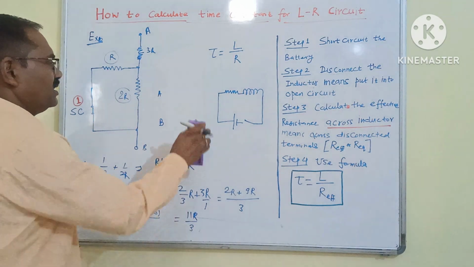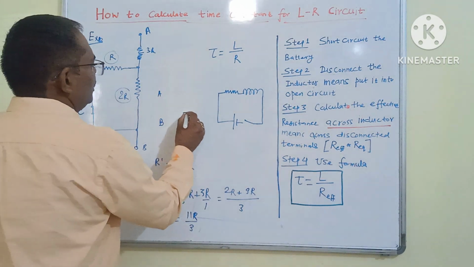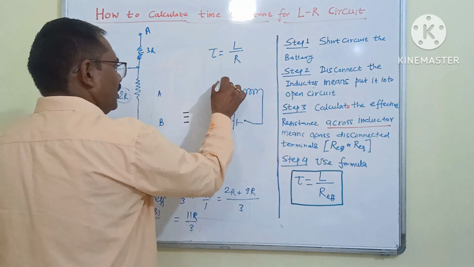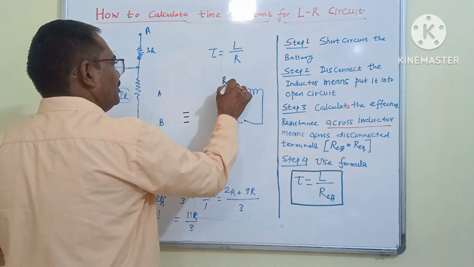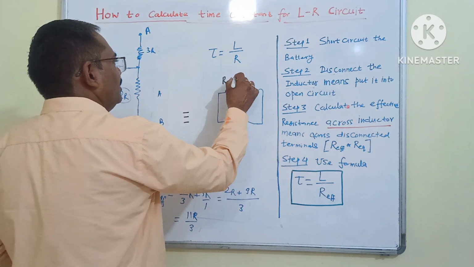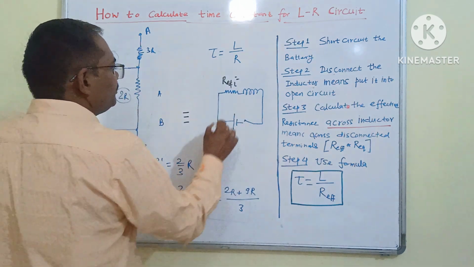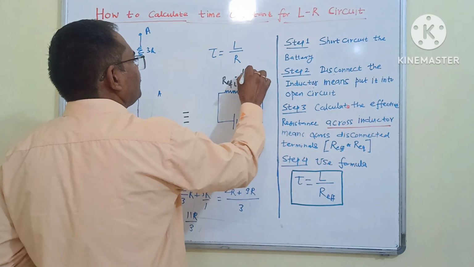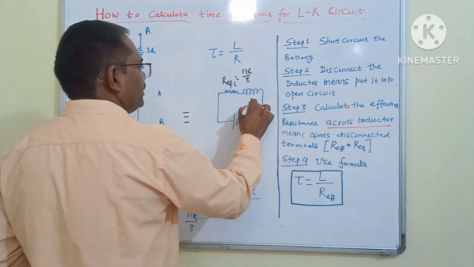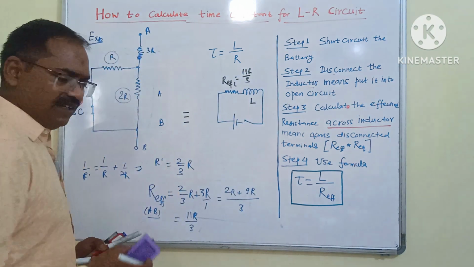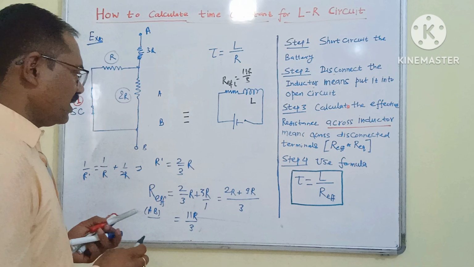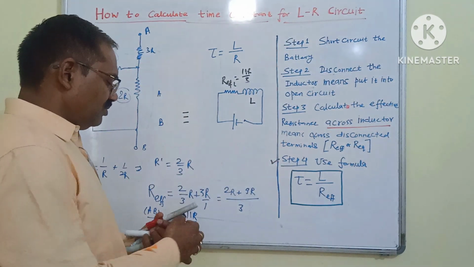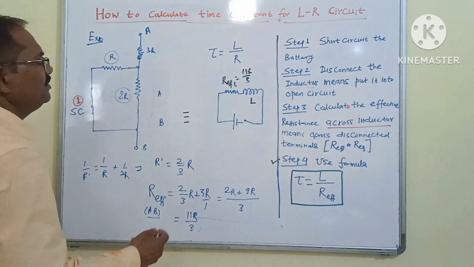This is the effective resistance, and this whole circuit will behave like a simple circuit having R effective here, that is 11R by 3, and this is L. In the next final step, step 4, you can write the time constant of the circuit very easily.